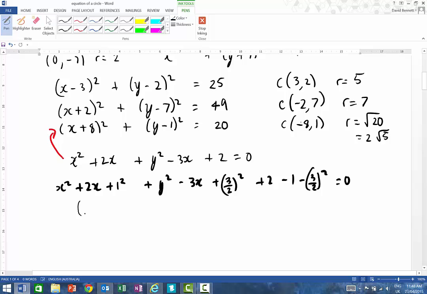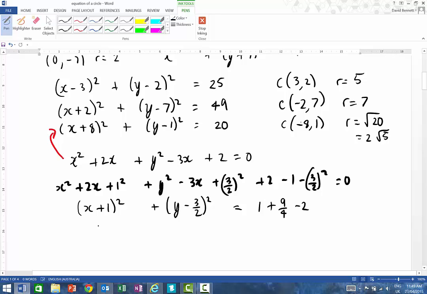So then I can write this here as (x + 1)². And then I can write this over here as (y − 3/2)². Then I can write this as equal to, now bringing this across, that makes 1 plus 9 on 4 take 2.